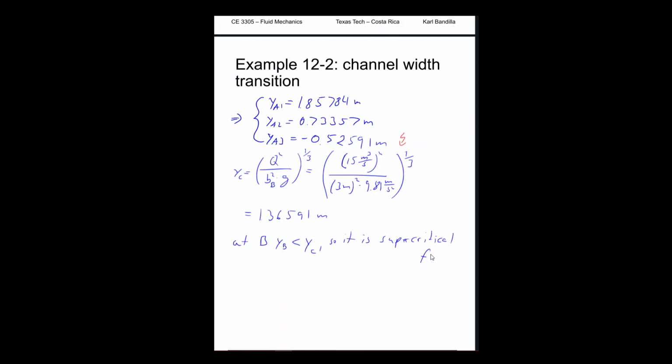Now, if it's supposed to be the same at A, then we know that, of course, we have to choose 0.7 because it would also be supercritical. So that means YA is equal to 0.73357 meters. Let's do supercritical here.